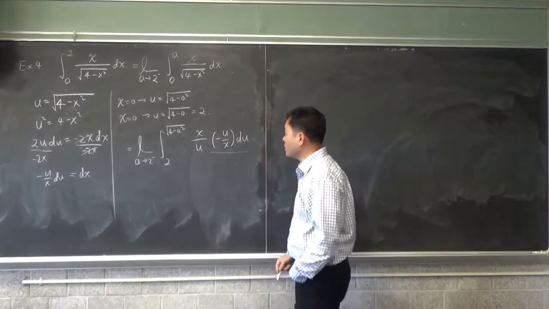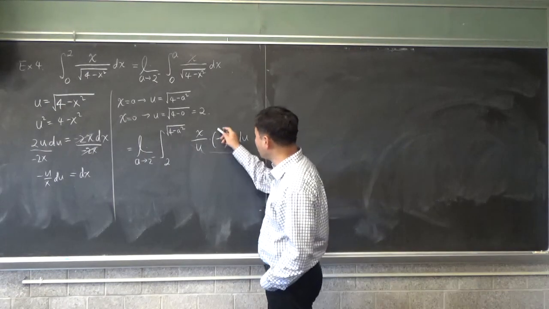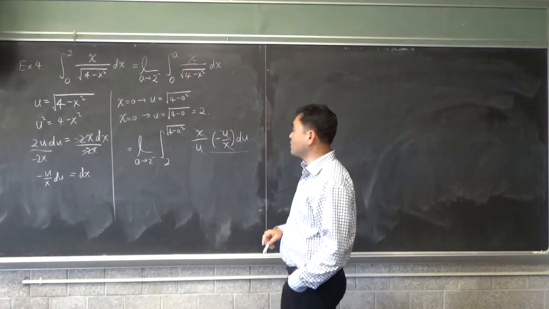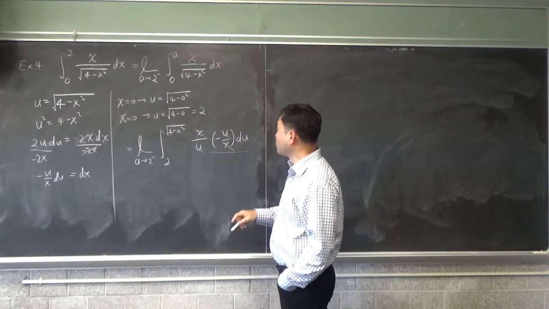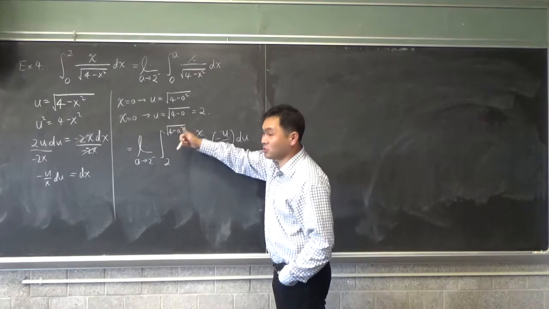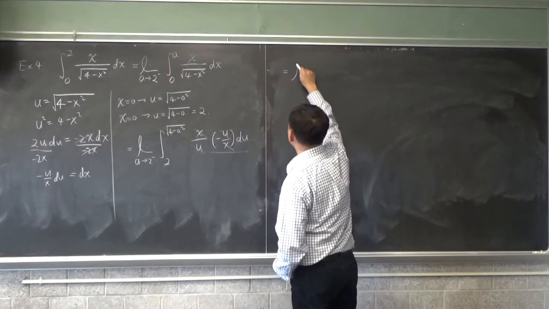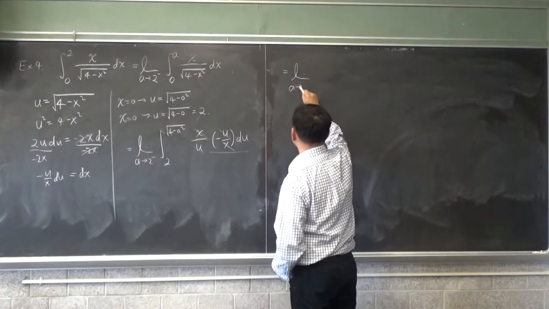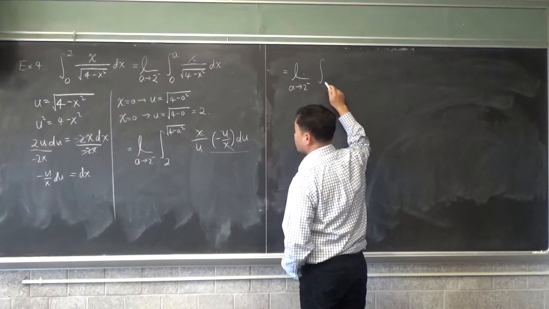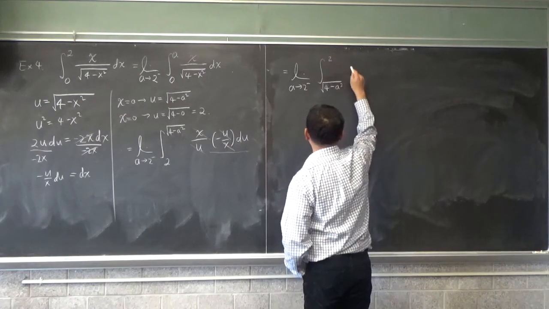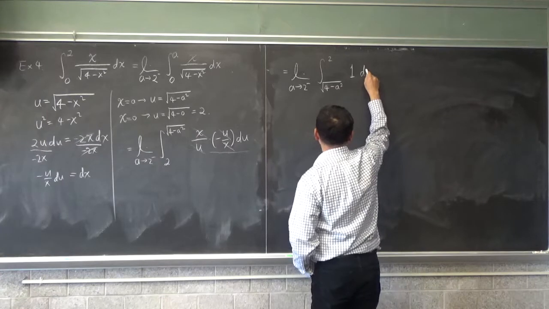You can see that u and u cancel, x and x cancel, and you can also use this minus to switch these two around. So I'm going to put the limit of a going to 2 minus, integral from square root of 4 minus a squared to 2 of 1 du.